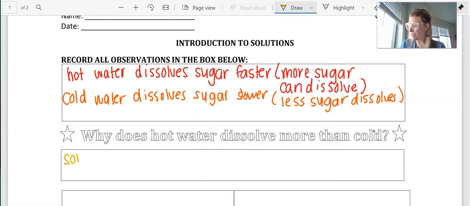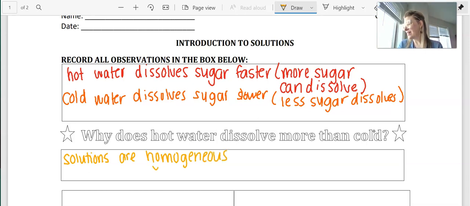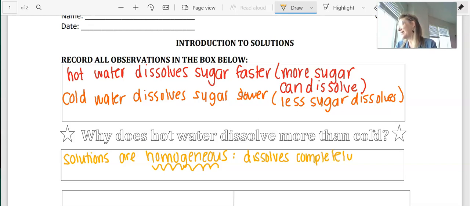Okay, so solutions are homogeneous, okay? And again, that means that they are dissolved completely and they look the same throughout.